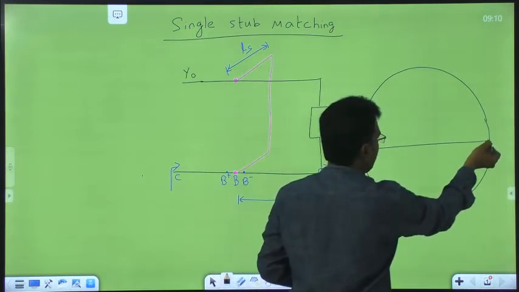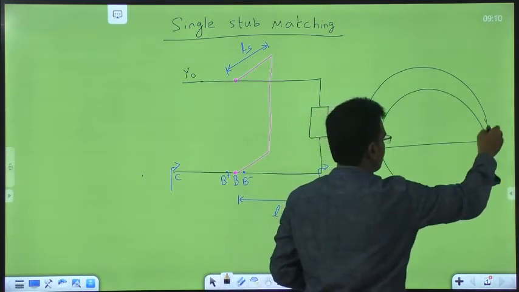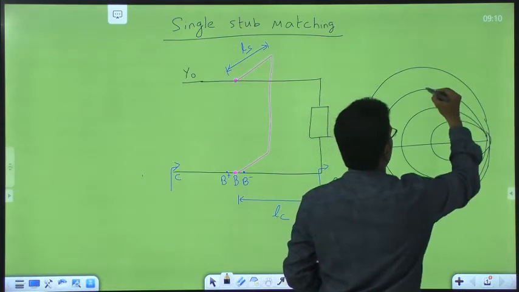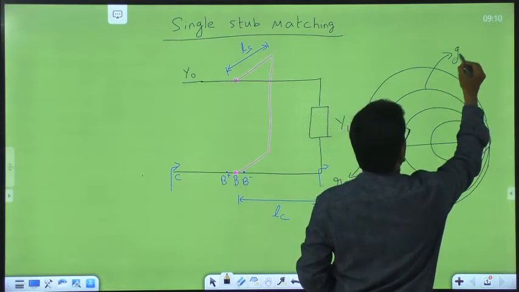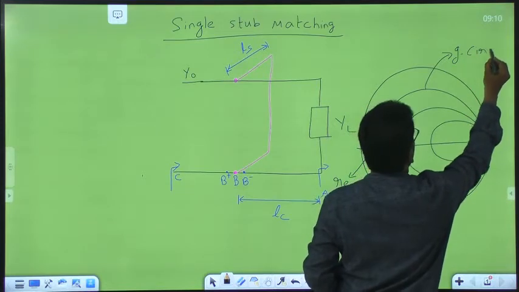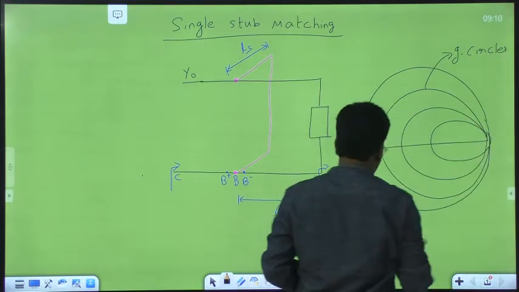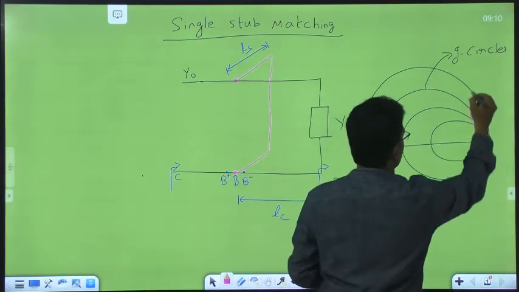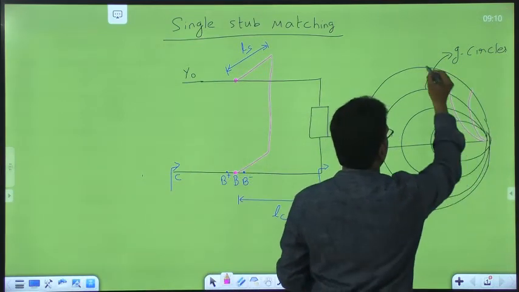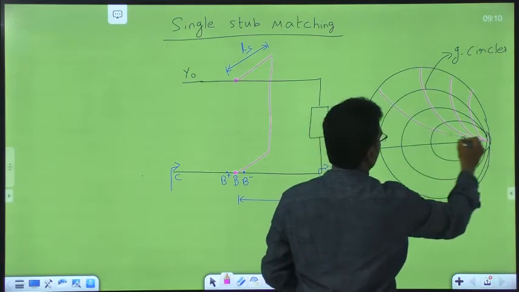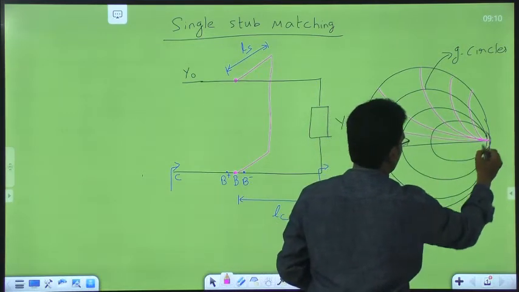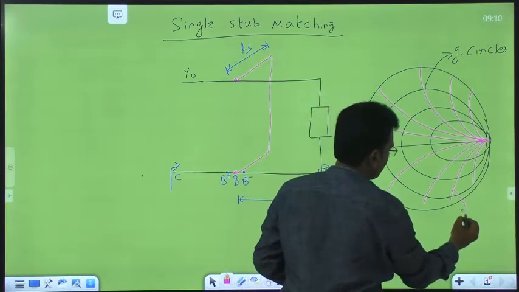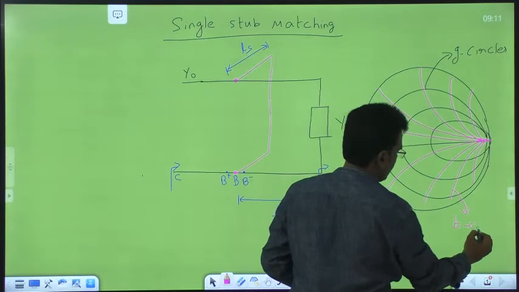So here we have G circles, we call them G circles, and the half circles are called B circles.